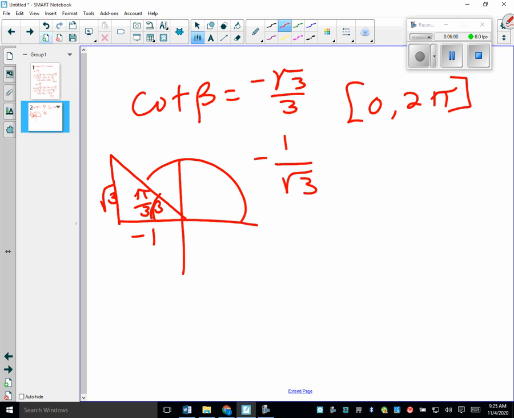It's 2 pi over 3. Now, what other quadrant did we say we were in? 4. We've already done the hard work, so I know this has to be pi over 3. So what is this? 5 pi over 3.